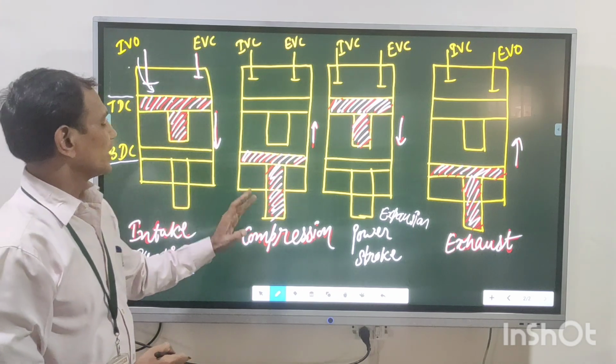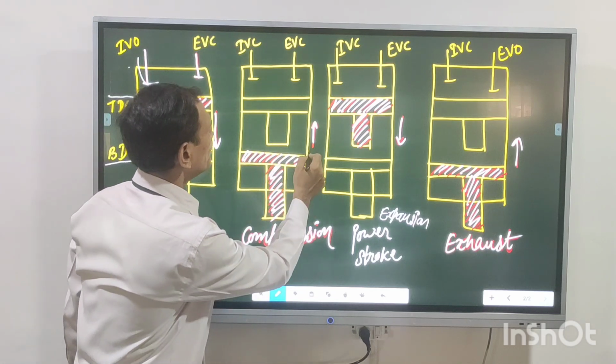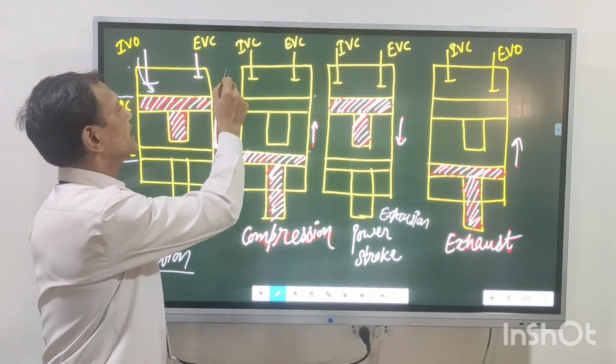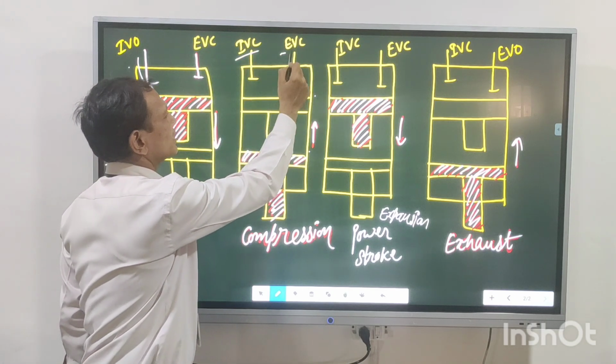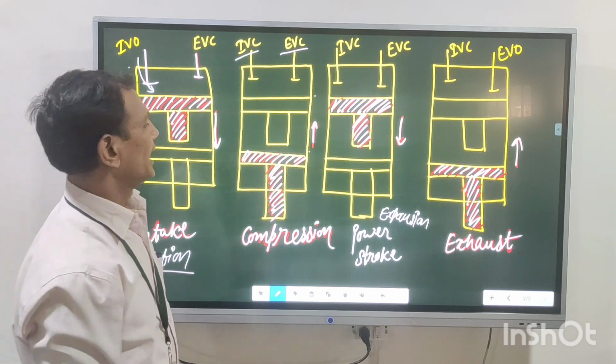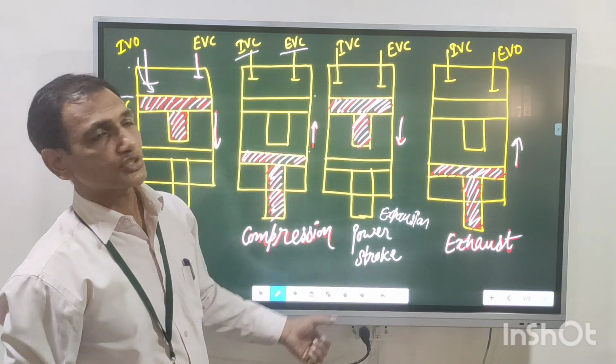In compression, the piston moves from BDC to TDC, and both the inlet valve and exhaust valve are closed. Then comes the expansion stroke, also called the power stroke.